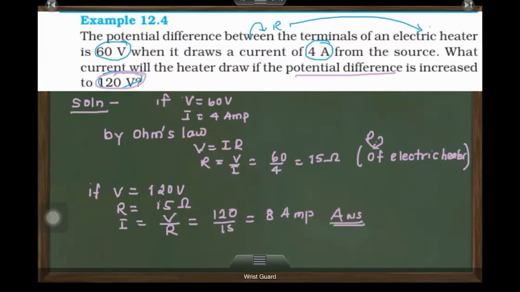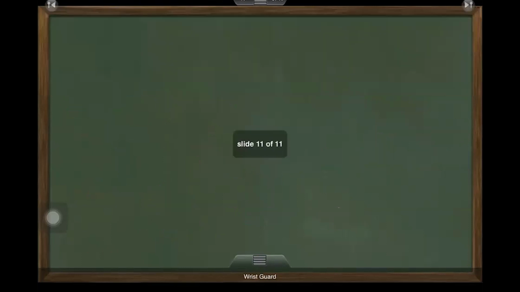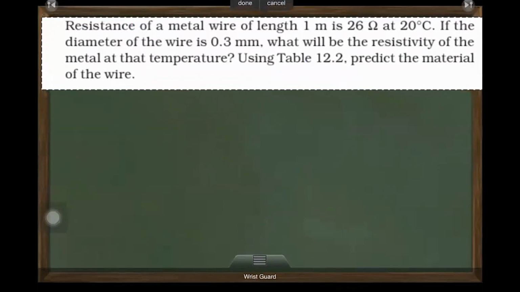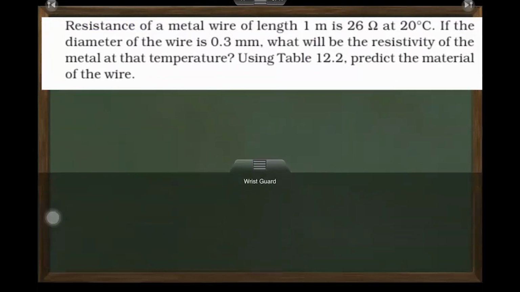Now, we are going to have one question on resistivity. Suppose the resistance of a metal wire of 1 meter length is 26 ohm at 20 degrees Celsius.